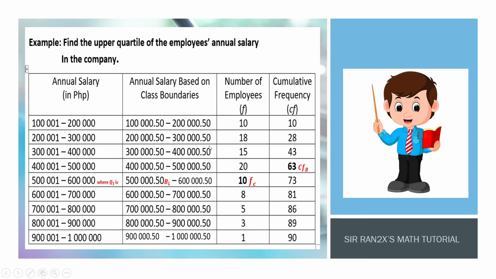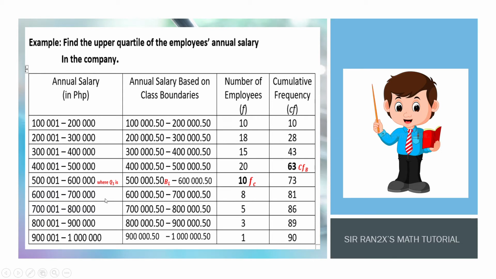This is data of the employees' annual salaries presented in class intervals. The first column is the annual salary in class intervals, the second column is the annual salary based on class boundaries, the third column is the number of employees, and the fourth column is the cumulative frequency.